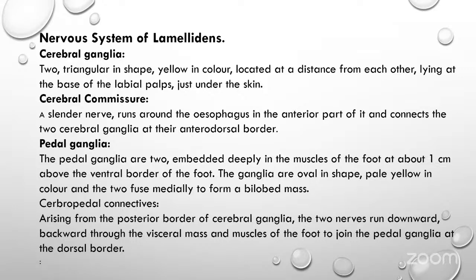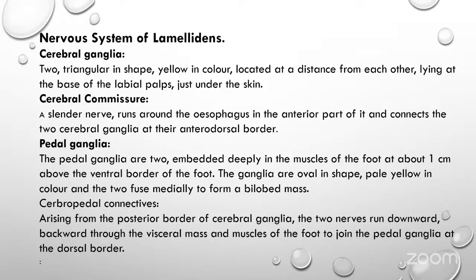If you look into the nervous system of lamellidens, it has cerebral ganglia, cerebral commissure, and pedal ganglia. What are cerebral ganglia? Two, triangular in shape, yellow in color, located a distance from each other, lying at the base of the labial palps, just under the skin.